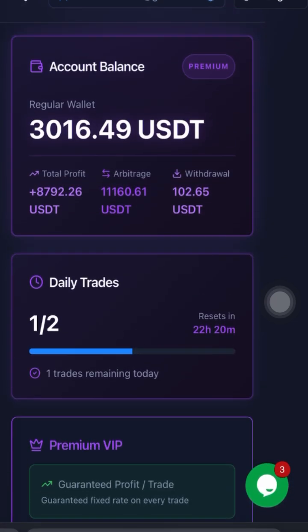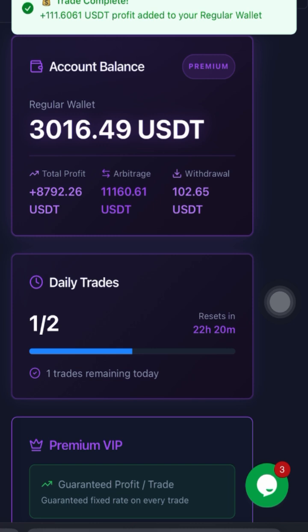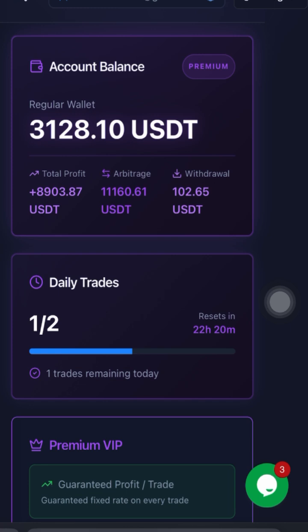You can withdraw it anytime, any day. The bot will not ask you to pay before you can withdraw. The only time the bot will charge you is when you want to close your account. But the profit that you make on the bot, you can withdraw anytime, any day.